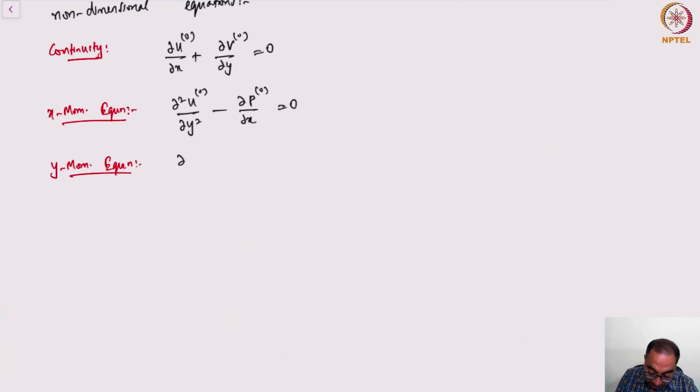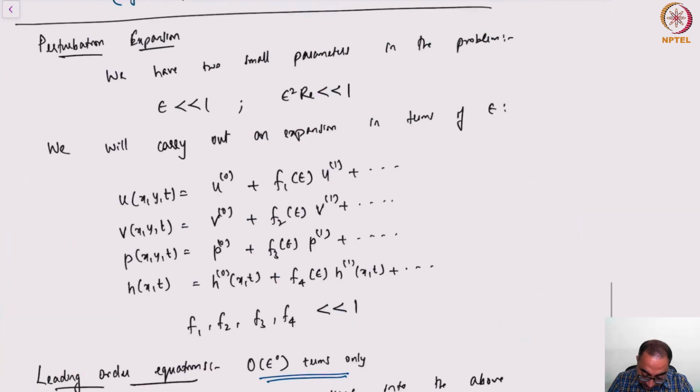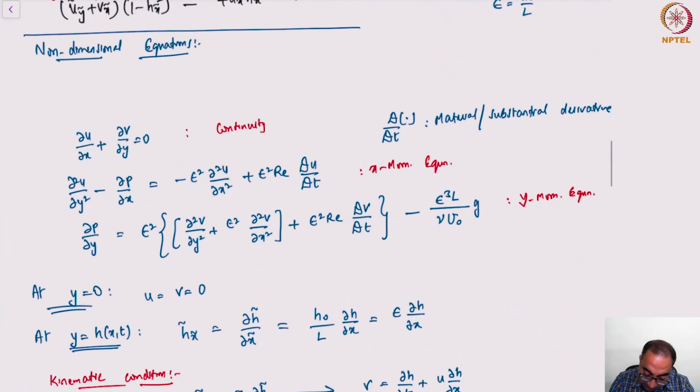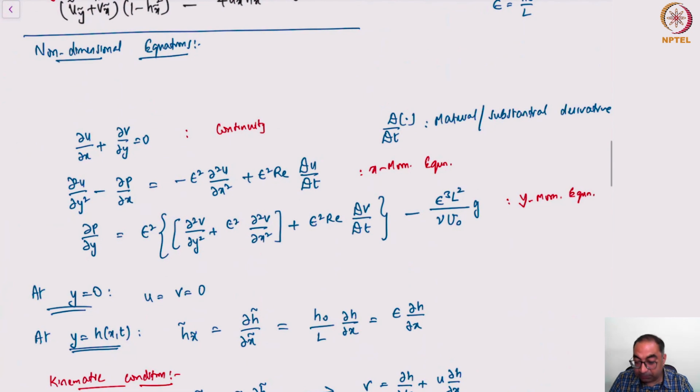That becomes del P0 by del y equals epsilon cube L square by nu u naught times g. I just realized that I have not put an L square there. Please correct this term, there should be an epsilon cube L square. Okay, that should be an L square on the right hand side.